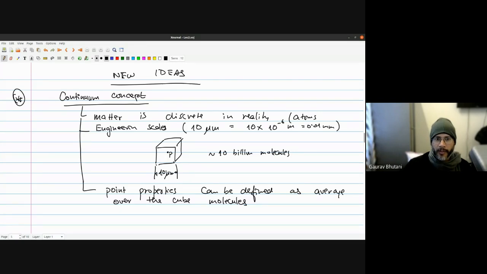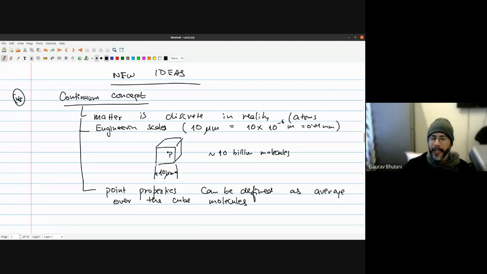Okay, so this is what the continuum concept is, that although the matter is discrete in reality, although this cube will be having mostly void space. Okay? Mostly it will be void. Even though it has 10 billion molecules, the molecules are so small in size that if you were to randomly put points, most of them would be in empty. There'll be no molecule at that point.